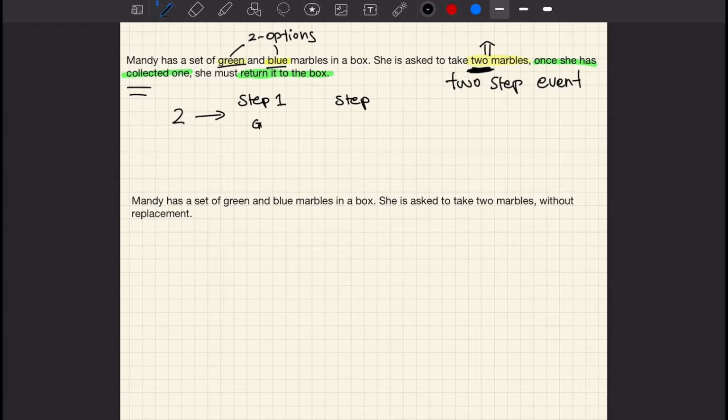I have the same probability of picking a green marble in step 2 as I did in step 1. So the probabilities in step 1 and step 2 are identical. That is what this part is telling us: they are identical because we return everything just as it was at the start.